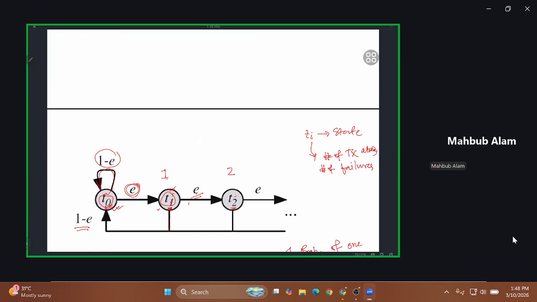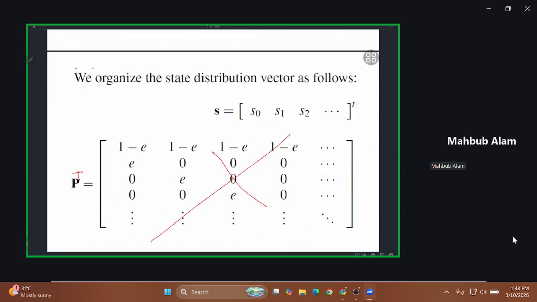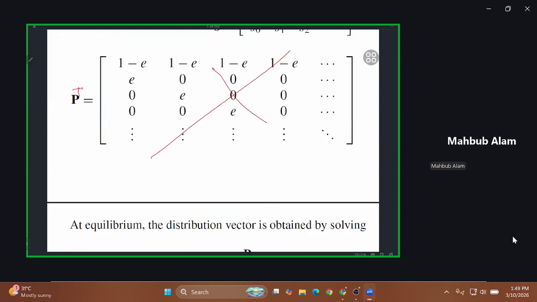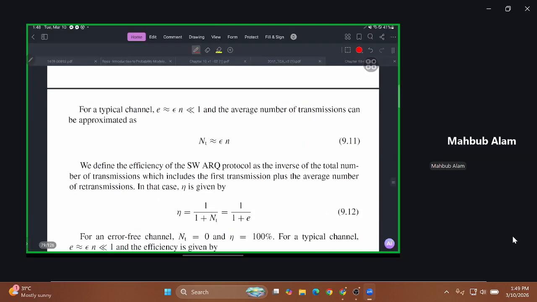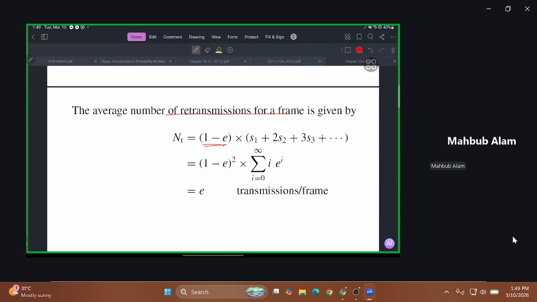This occurs with the steady state probability of this one, S1, and actually we have a failure. We have an eventual success. So not failure. We have an eventual success. If the success is there, only then can we guarantee that the number of failures is this one.